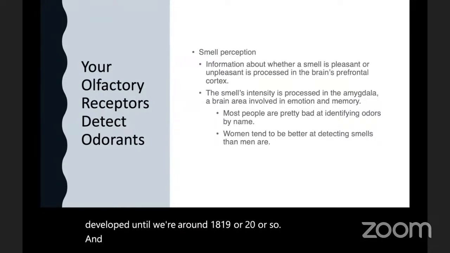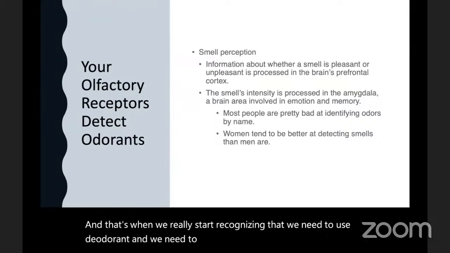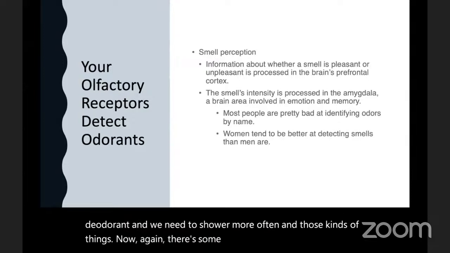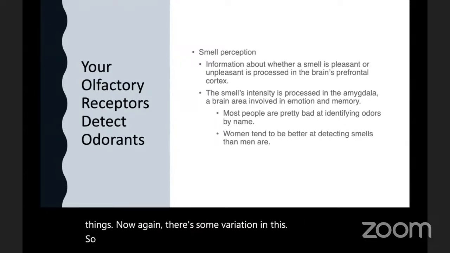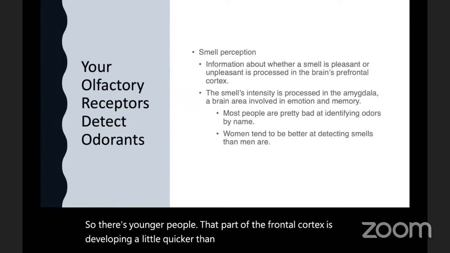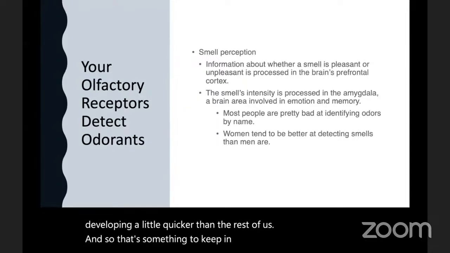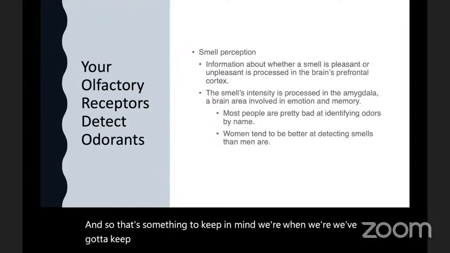And that's when we really start recognizing that we need to use deodorant and we need to shower more often and those kinds of things. Now, again, there's some variation in this. There's younger people whose frontal cortex is developing a little quicker than the rest of us. So that's something to keep in mind when we've got to keep variability in mind.